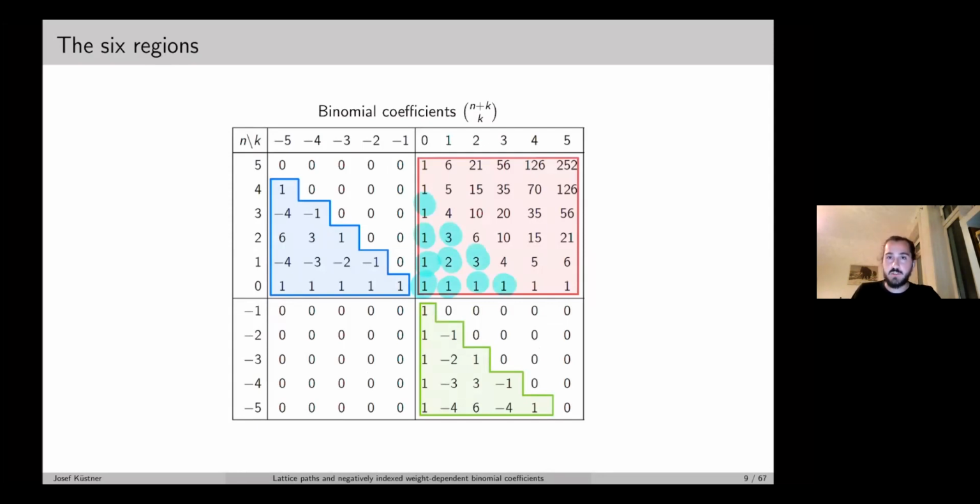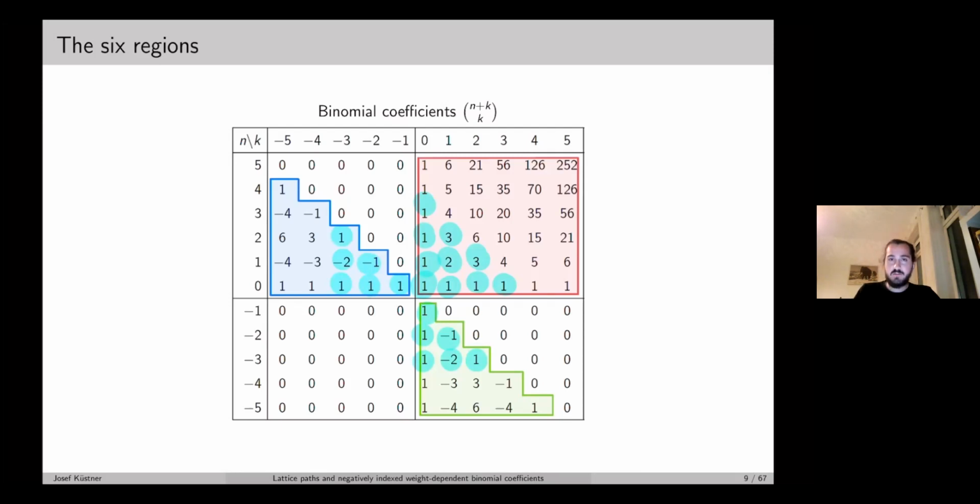Then we have the green region, where we again have Pascal's triangle, but now with some signs, like 1, then 1, minus 1, then 1, minus 2, 1, and so on. And we have the blue region, where we again have Pascal's triangle flipped around a little bit. So like 1, then 1, minus 1, then 1, minus 2, 1, and so on. And we have a lot of regions where there are only zeros.